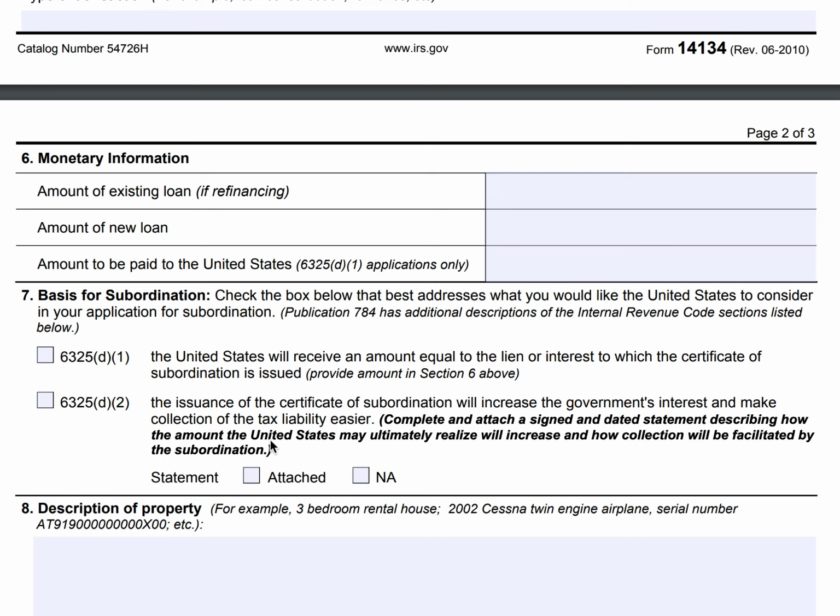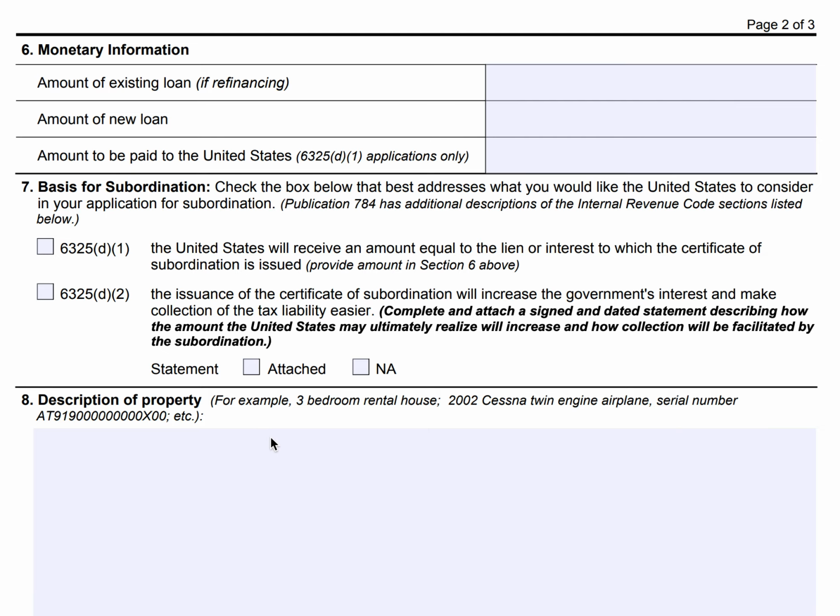In Section D2, you might not completely pay off the balance, but issuing the subordination could still make your tax collection easier.